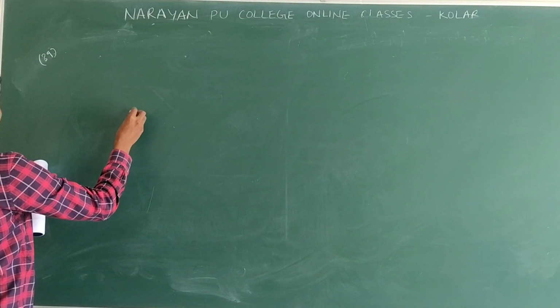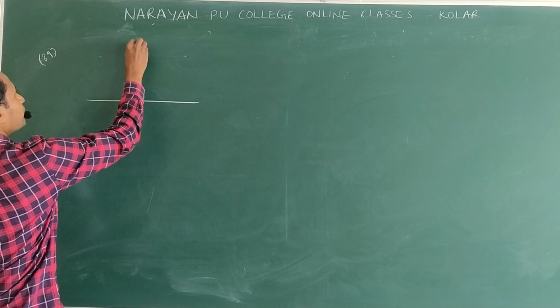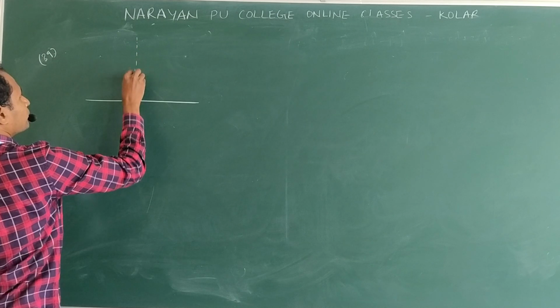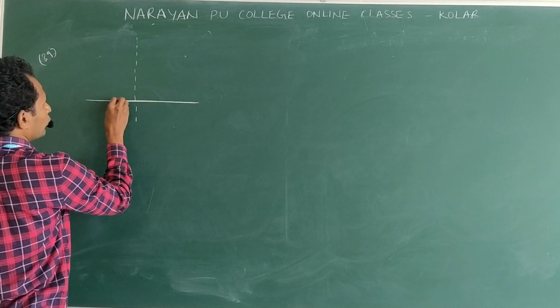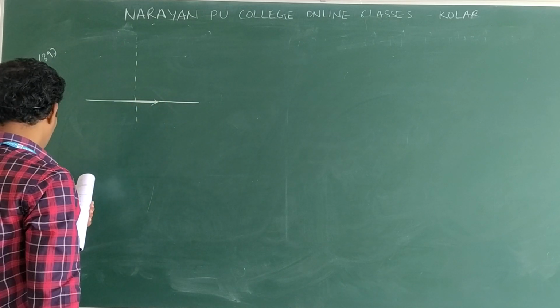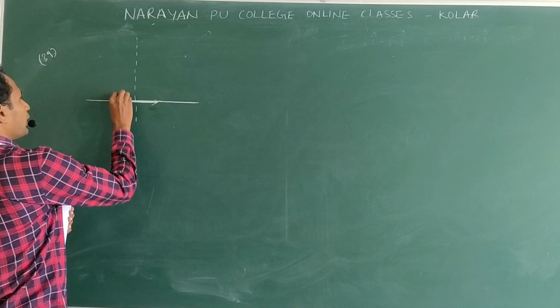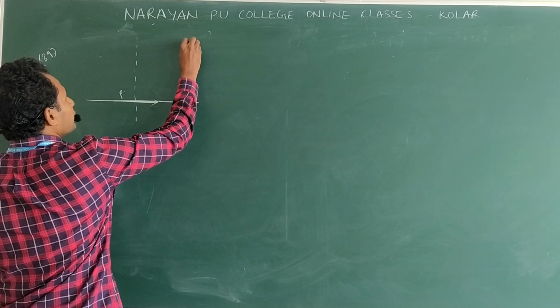Now take the figure. See the figure. Dipole placed like this, and then you consider this is dipole moment. Let us say P, dipole moment. One point is given here.